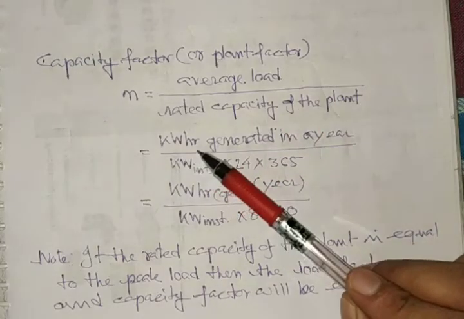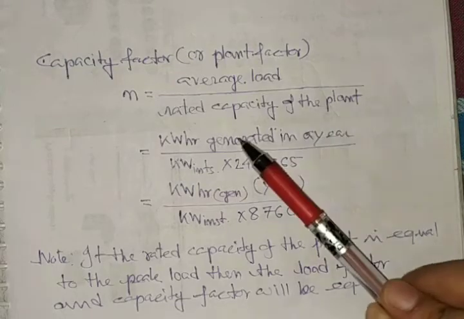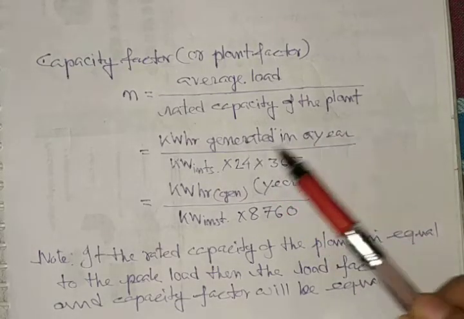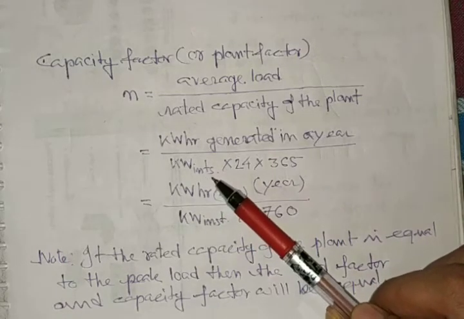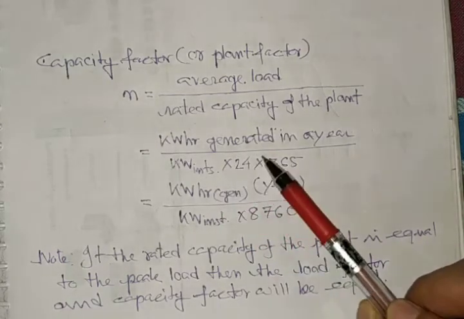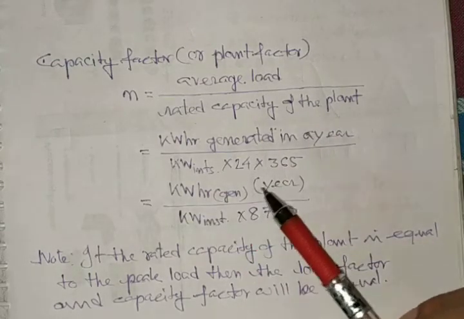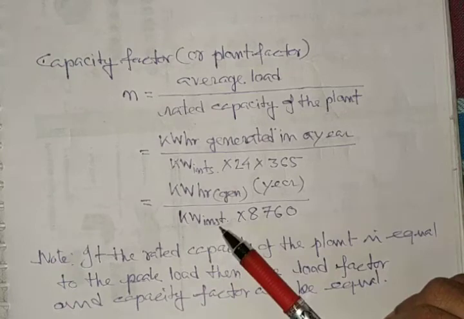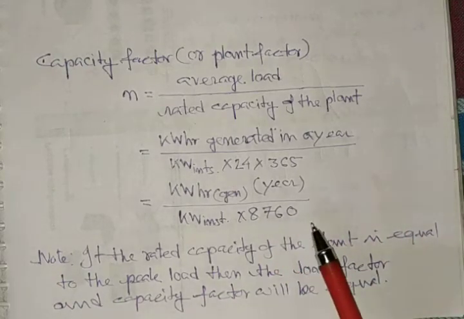So it is the kilowatt-hours generated in a year divided by the kilowatt installation multiplied by 24 times 365. So this is the kilowatt-hour generation in a year divided by the kilowatt installation multiplied by 8760 hours.